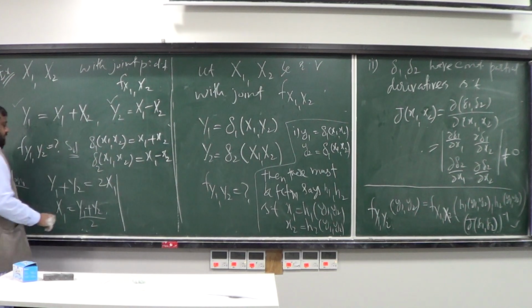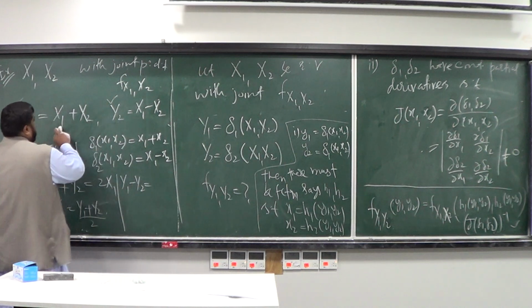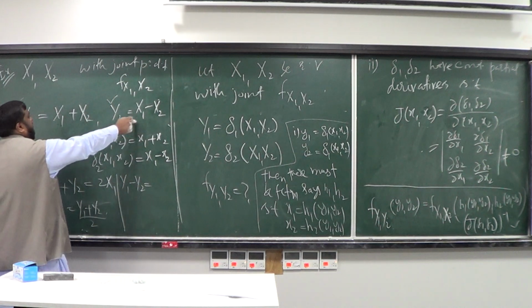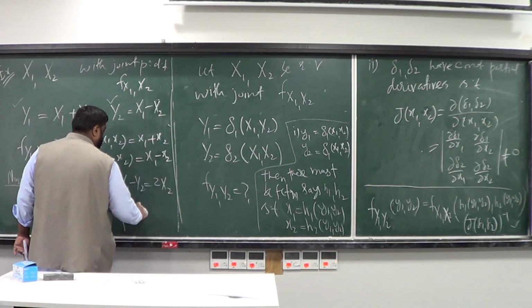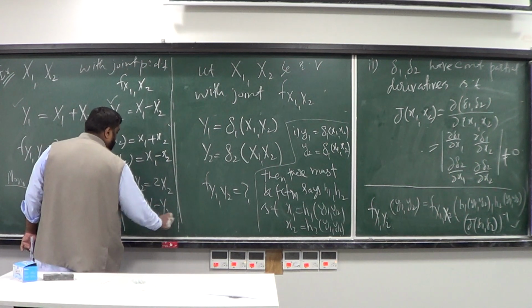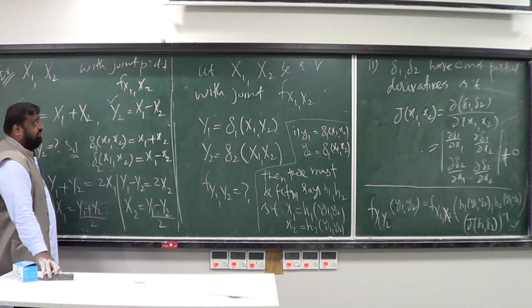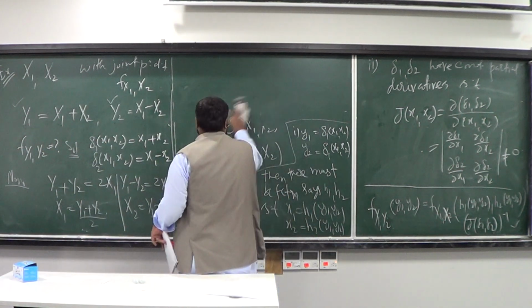And if I take the difference of y1 and y2, so it's going to be x1 plus x2 minus x1 plus x2, so it's going to be 2x2, hence x2 will be y1 minus y2 upon 2. Okay. Hence, what does this show?